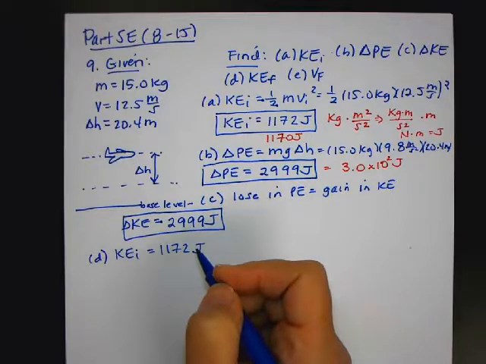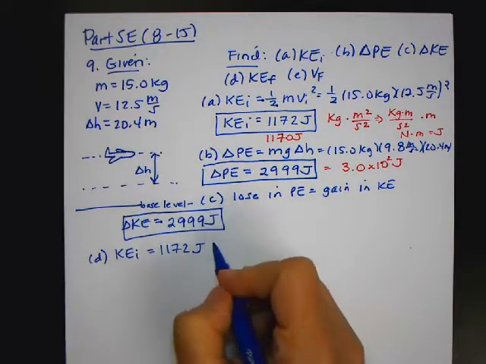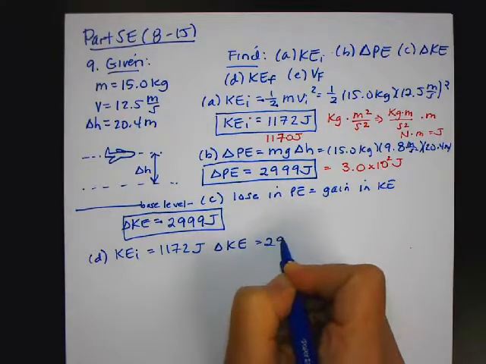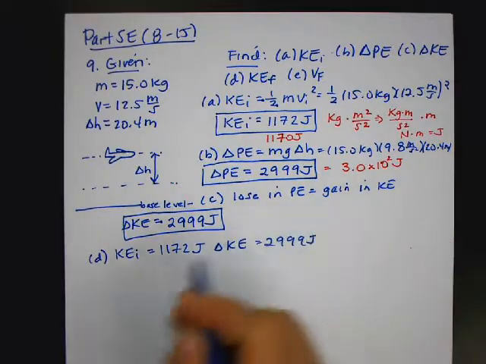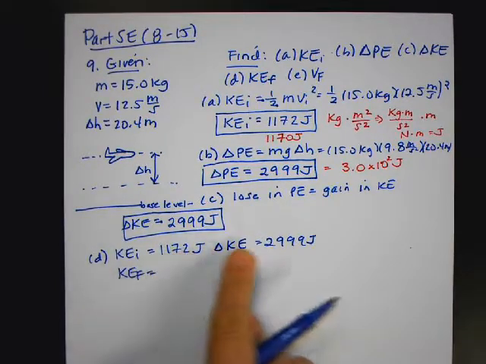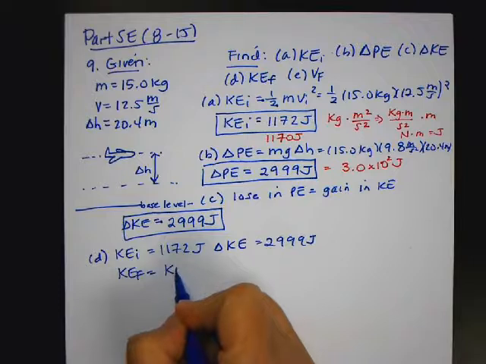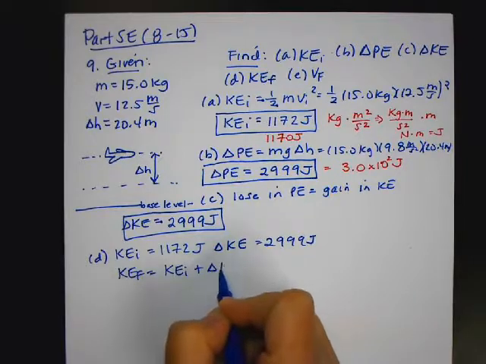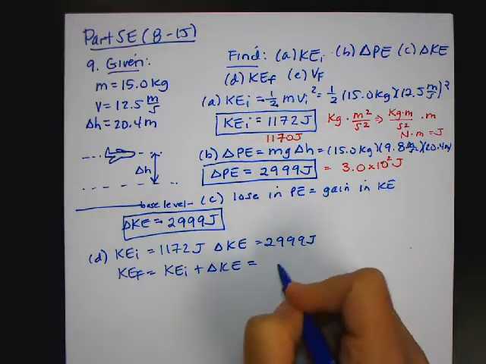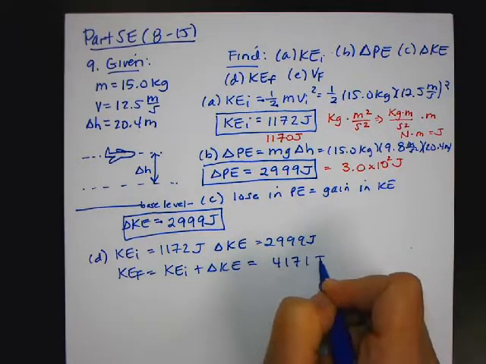Then I gained 299. That was the change. So my final kinetic energy is going to be the initial plus what I gained. So it's going to be the initial plus the change, which would just be adding these two together. So this comes out to be 4171 joules.